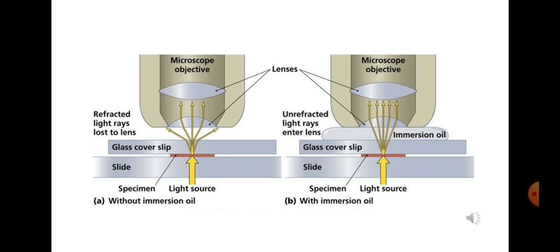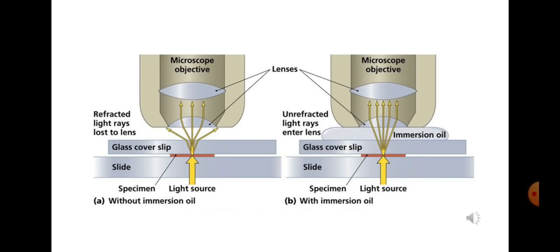This image shows the difference when performing microscopy with immersion oil and without immersion oil. In figure A, you can see that the refracted light rays are lost to the lens, while in figure B, with oil immersion microscopy, diffraction is minimized as light bends the same as it passes through the layers of glass and oil.